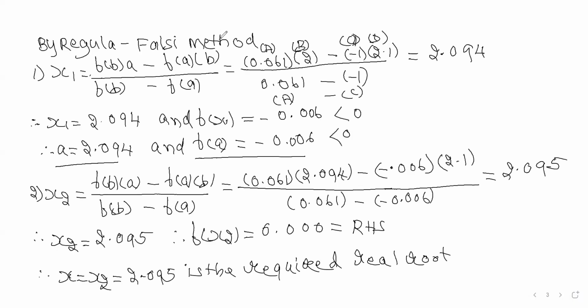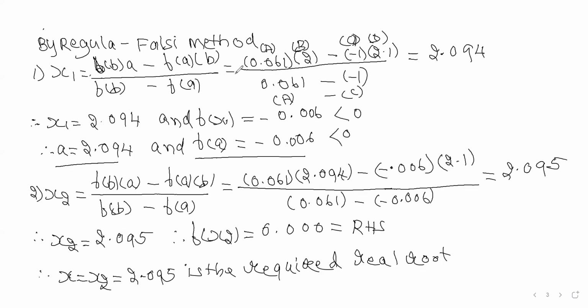Now, by the Regula Falsi method, you write the formula x1 equal to (f of B into A minus f of A into B) divided by (f of B minus f of A).